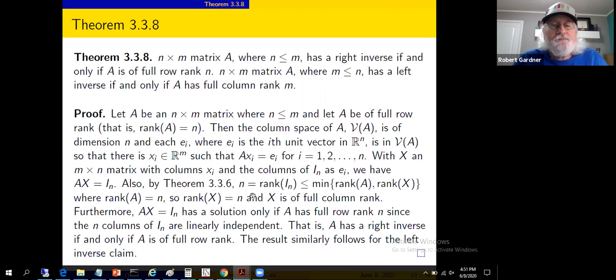Okay. Theorem 3.6 told us that if you can write that as a product of matrices, then the rank of this matrix will be less than or equal to the minimum of the ranks of those two things we multiply together to get the I sub n. So we get n equals the rank of I sub n is less than or equal to the minimum of the rank of A and the rank of X.